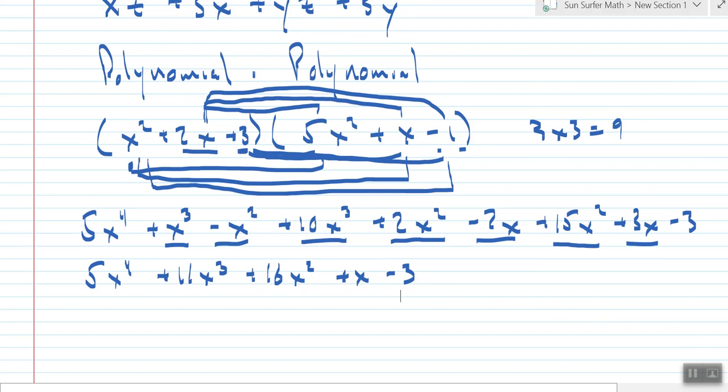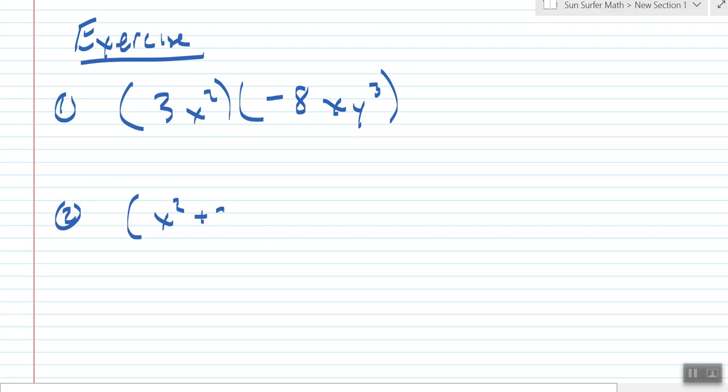All right, let me just give you a couple exercises real quick to do. As always, stop the video, do the exercise, and then compare, see how you did. So number 1, let's multiply 3x squared times negative 8xy cubed. Number 2, let's multiply x squared plus 2 times 3x cubed minus 4x to the negative 3.